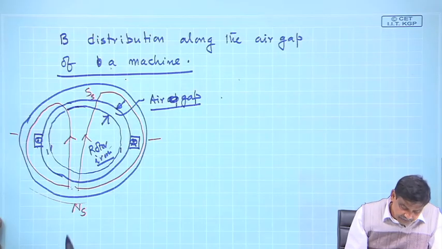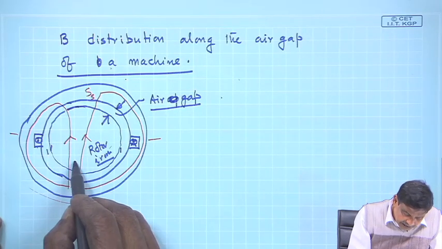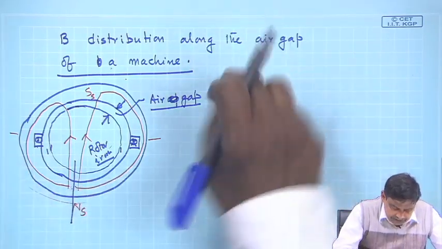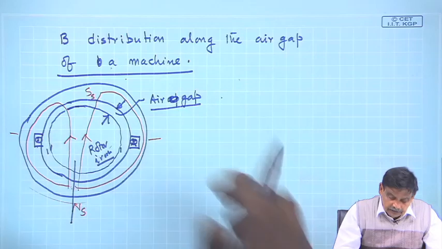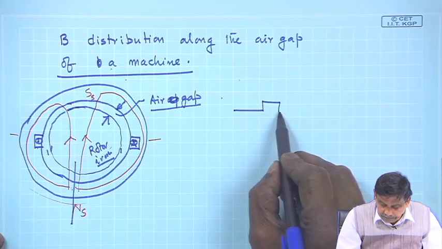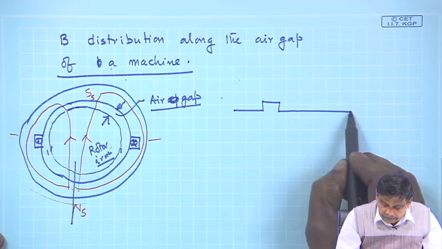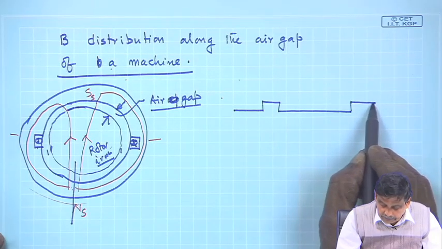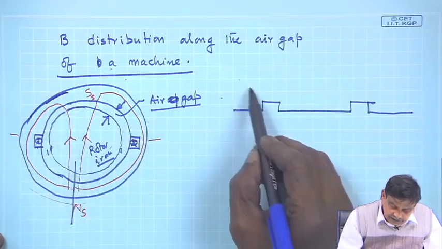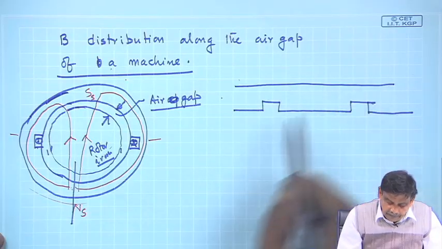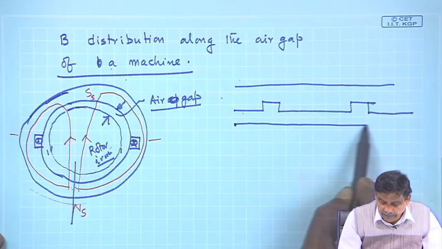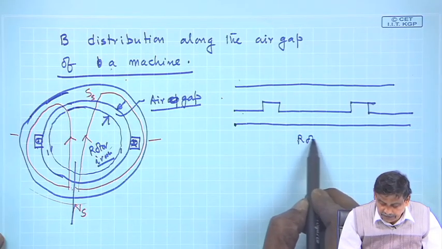So, what I will do first, I will draw the developed diagram of this. I will cut it like this and spread it out in this fashion, so that you will get a picture like this. These two slots and this outer thing is here, and here is the air gap, and this is rotor iron.